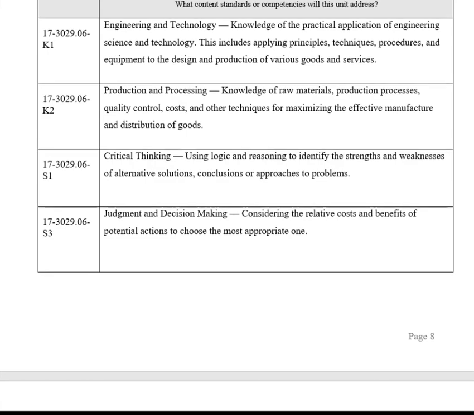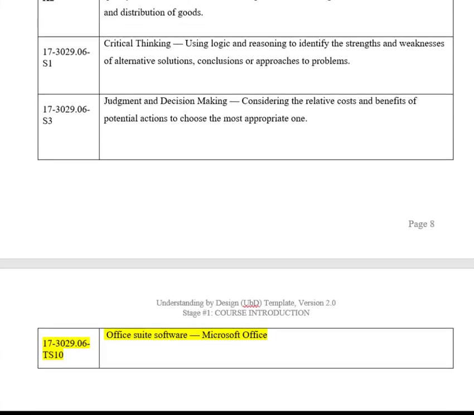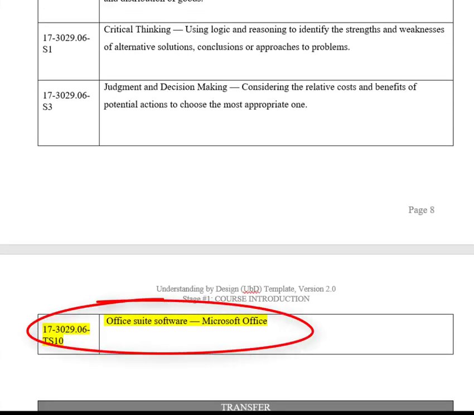All right, so let's look at this 5th competency. You'll notice here that it's highlighted in yellow, and that's because this is the purpose of UbD, this backward design structure. As I go through stage 2 and stage 3, I'm going to find things that don't align, or I'm going to do something that requires me to add a competency.